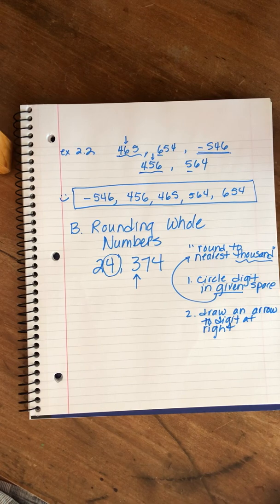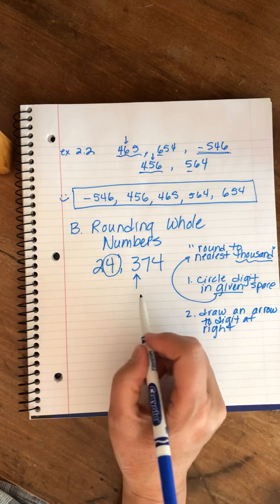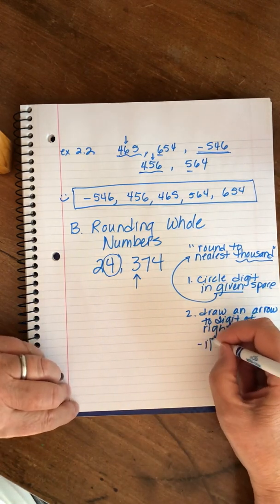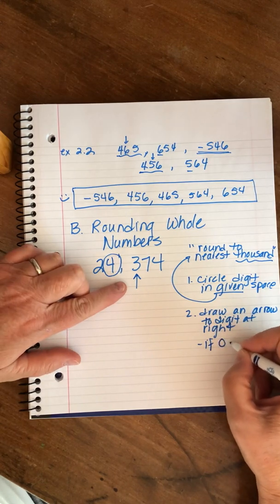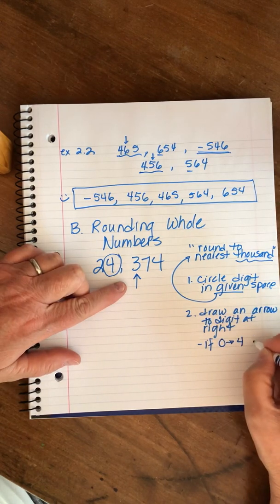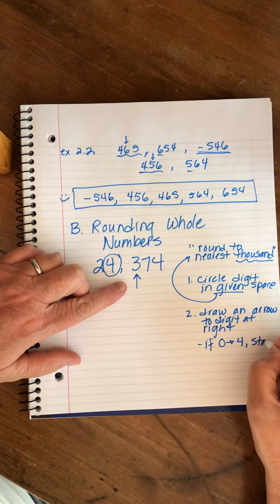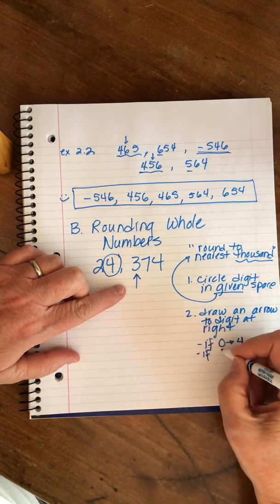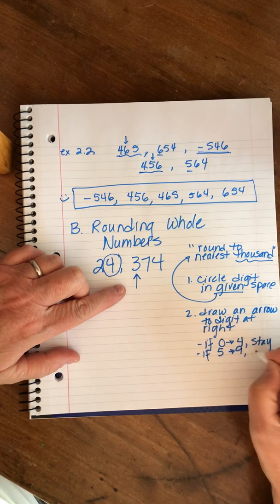Now, we have a rule that we apply to the digit at the arrow. If that digit is 0 through 4, we stay. We keep this number the same. If this digit is 5 through 9, we go up.